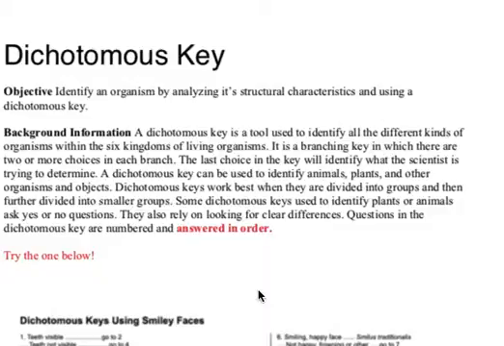The last choice in the key will identify what the scientist is trying to identify. A dichotomous key can be used to identify animals, plants, and other organisms, and even objects, which you'll see below. A dichotomous key works best when they are divided into groups and then further divided into smaller groups. Actually, the word dichot, di means 2, so there's always 2 questions in each little couplet.